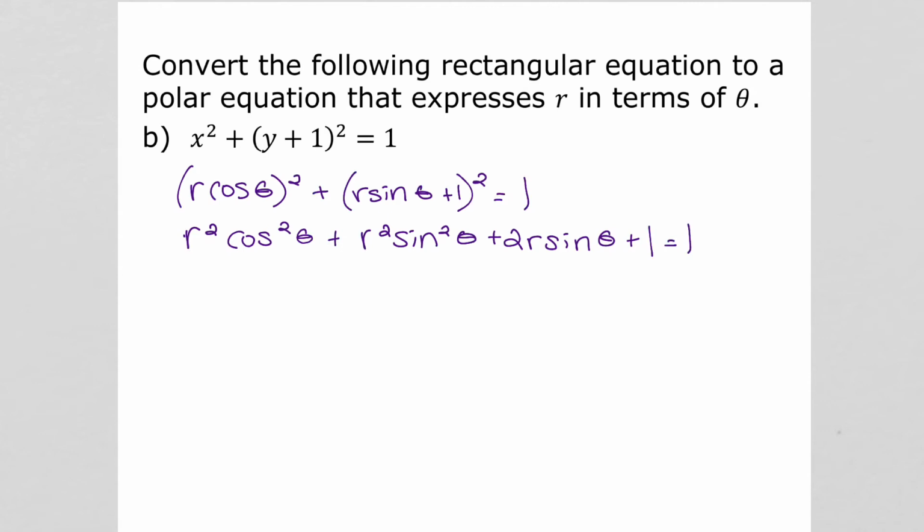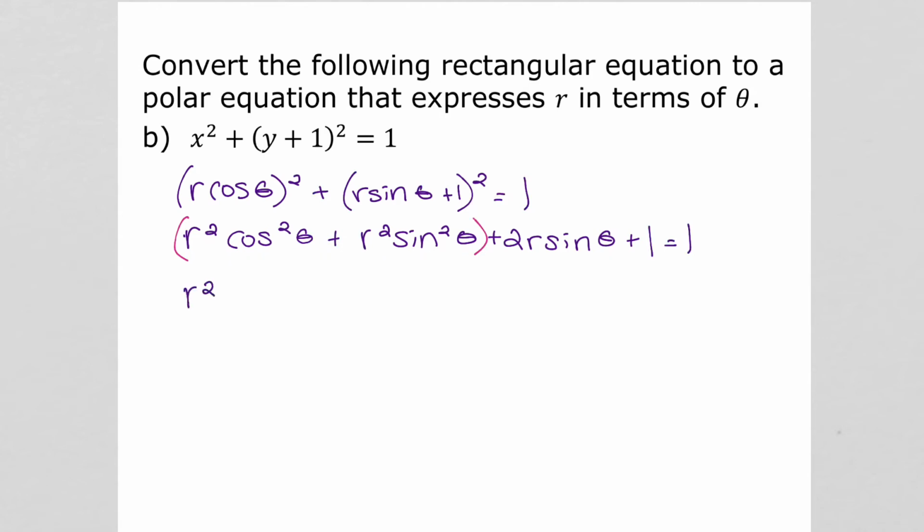I'm going to take these first two terms and factor out an r squared, because you can probably already see, looking at our Pythagorean identities, we've got a sine squared plus a cosine squared. So that's going to be useful to us.